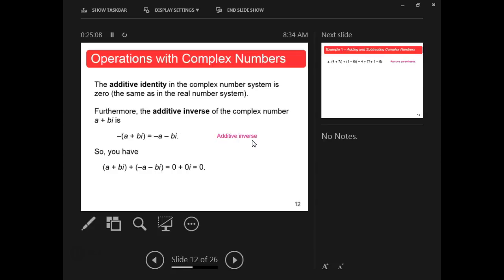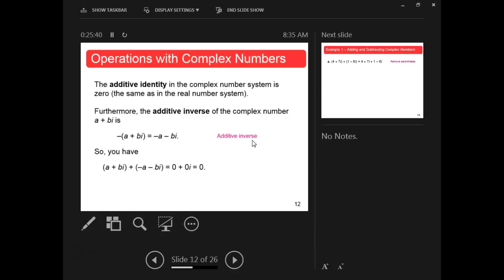All right. Now, the additive identity element in the complex number system is 0, same as in the real number system. The only thing you can add to any complex number and not change its value is 0. That 0, the real number 0, or 0 plus 0i if you wanted to write it that way. Furthermore, the additive inverse of a complex number, a plus bi, would be minus a minus bi.